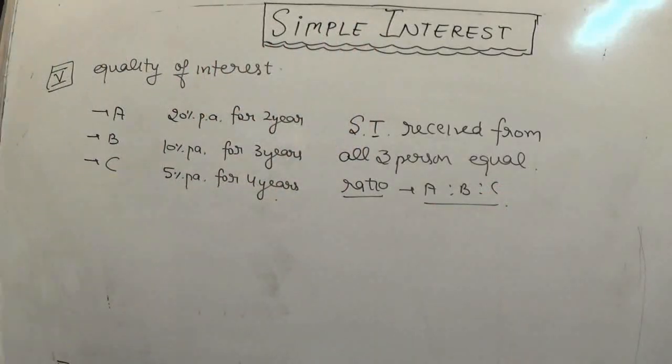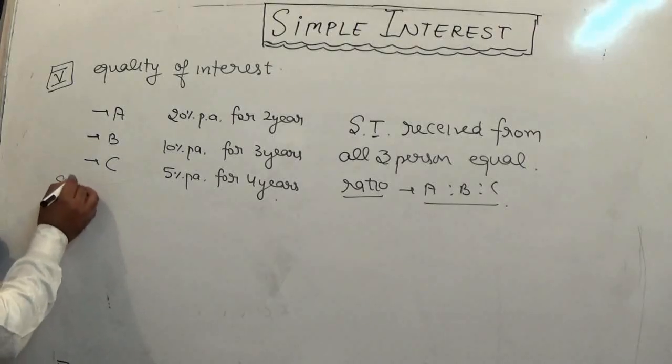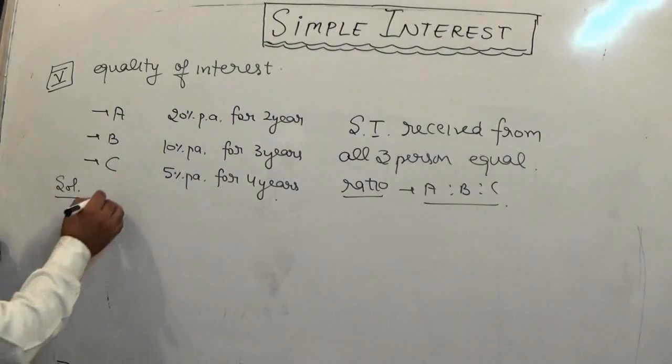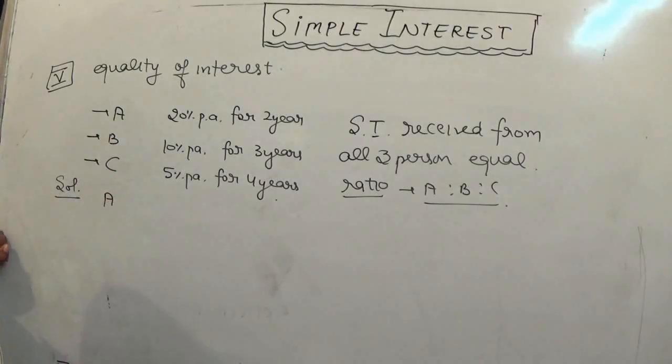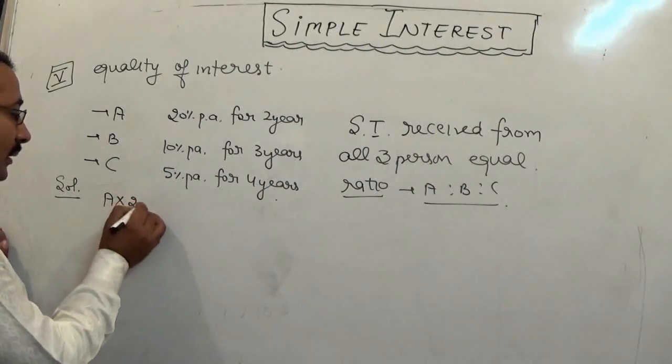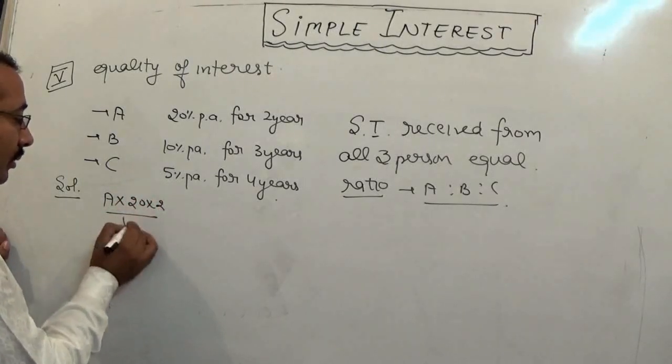Just look at this question. We have to find out in what ratio he had given money to A, B and C. When we go with the standard concept, how can we go for it? Assume A was given A rupees, B was given B rupees and C was given C rupees. Simple interest from A is A into 20 into 2 upon 100.